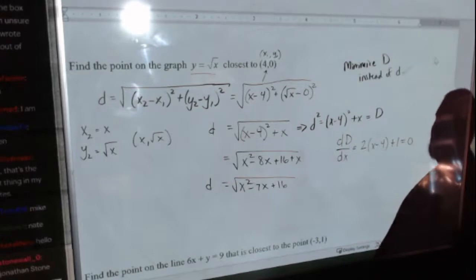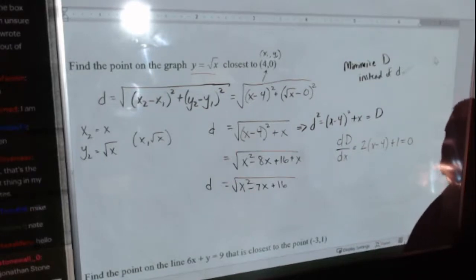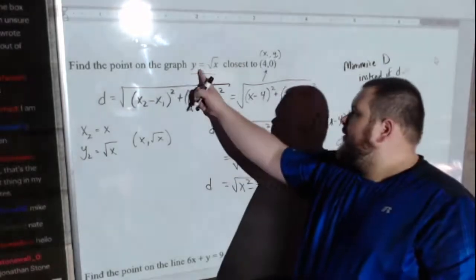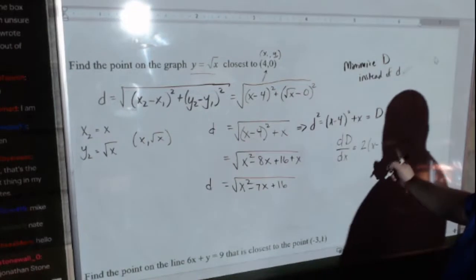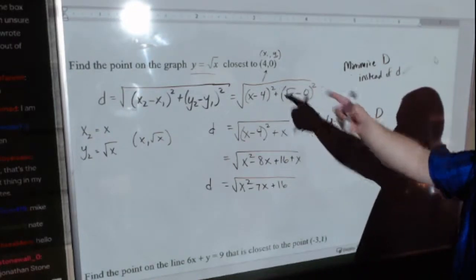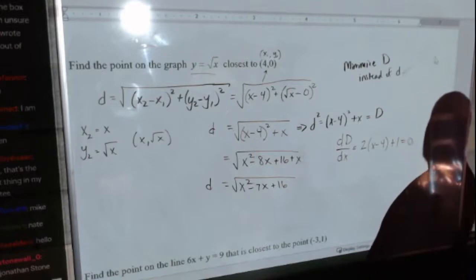And I'm going to set that to 0. Now remember, I'm trying to find the point on the graph. So whatever I get out of this is going to give me an x value. I'm going to then need to plug it into that equation to get the y value.